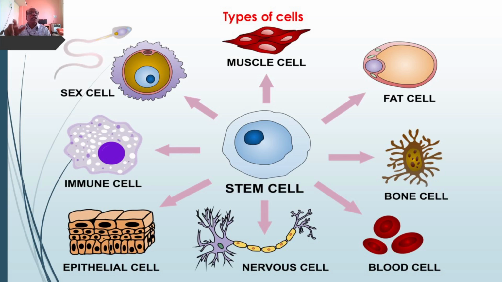So basically the stem cells are totipotent cells and have the ability or capacity to differentiate or develop into almost all types of cells of the particular species or organism. In the center there is a stem cell.